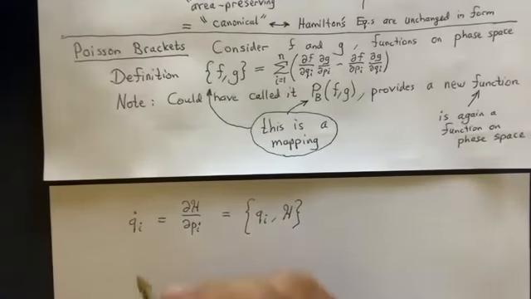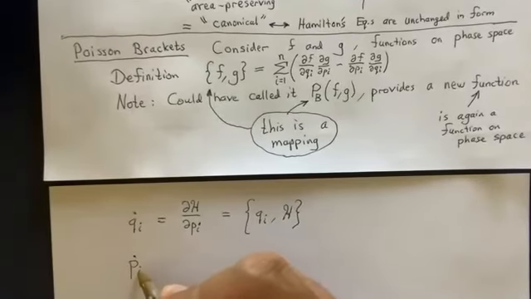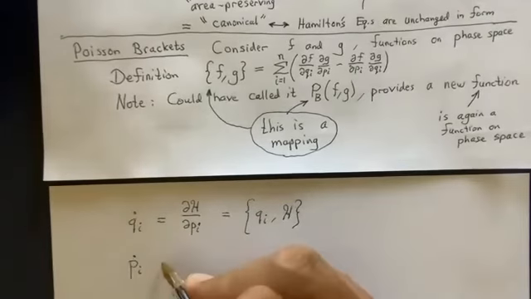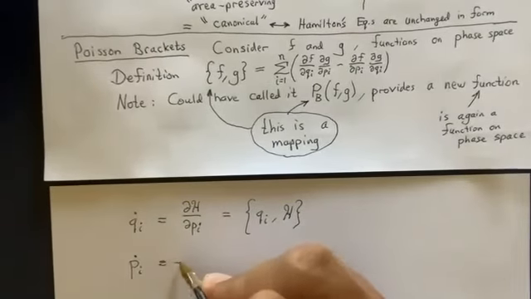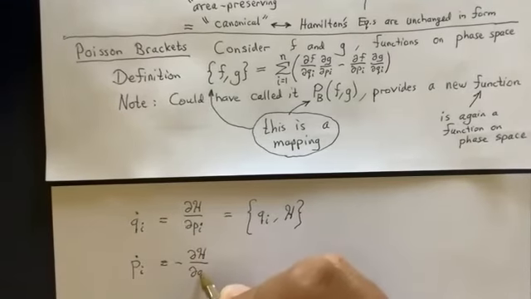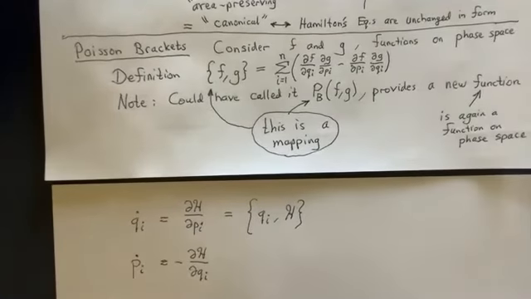All right, next. We have another one of Hamilton's equations here. The total time derivative of Pi is minus the partial of the Hamiltonian with respect to Qi. Let me just fix my notes here.